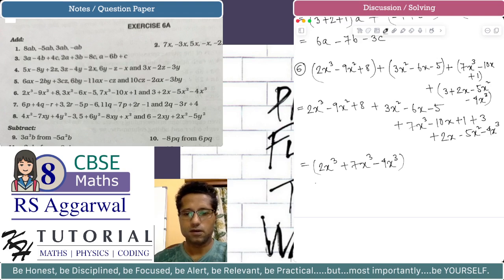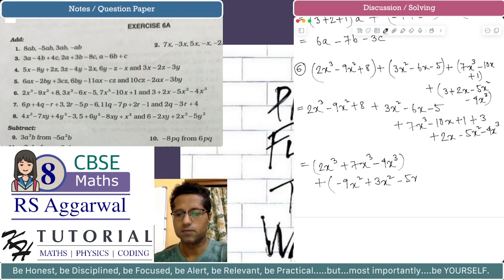Now let's group the like terms with literal coefficient x square, that is all the x square terms. We have minus 9x square, plus 3x square, minus 5x square.